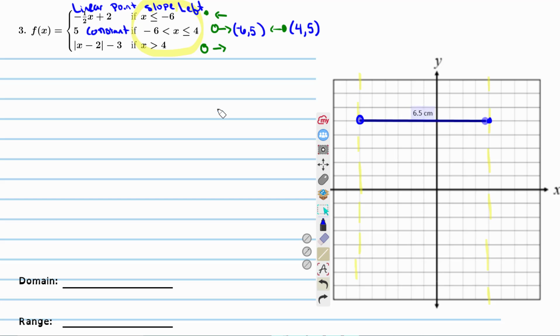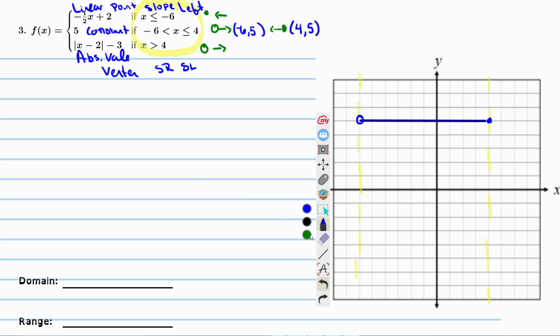And there we have the middle section done. My last section is absolute value. So that means I need to find my vertex. And then I need to take and find my slope right and slope left and graph those.